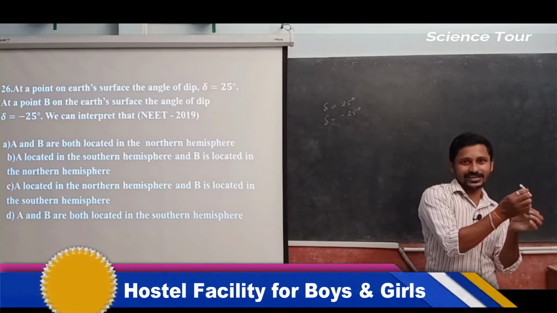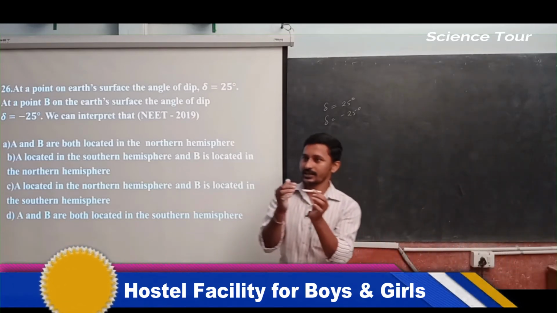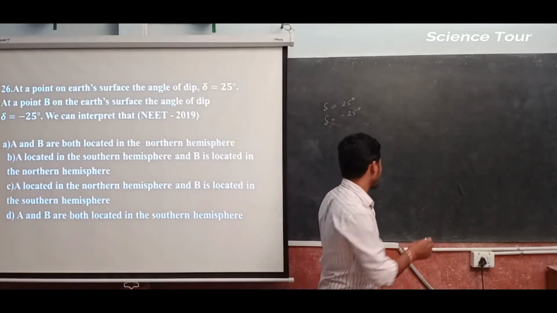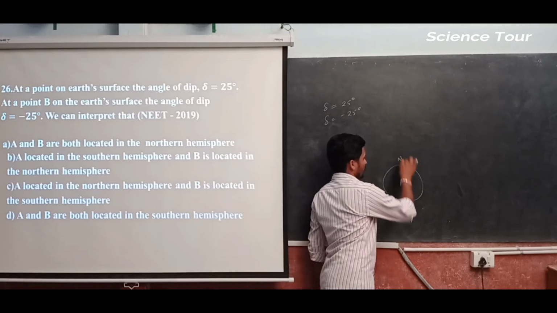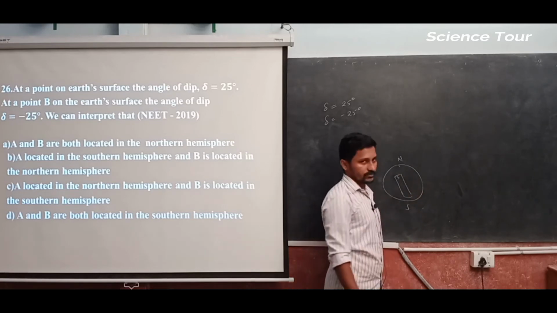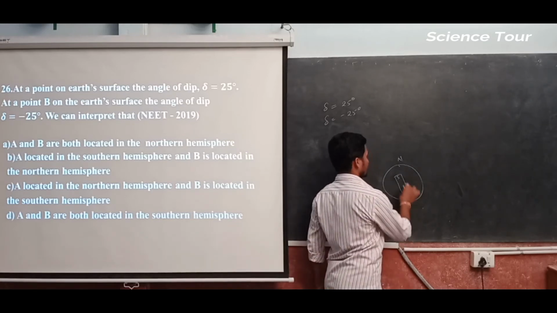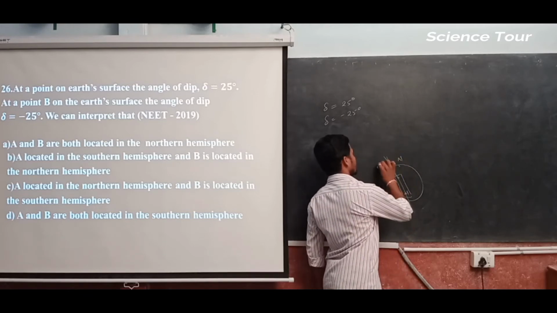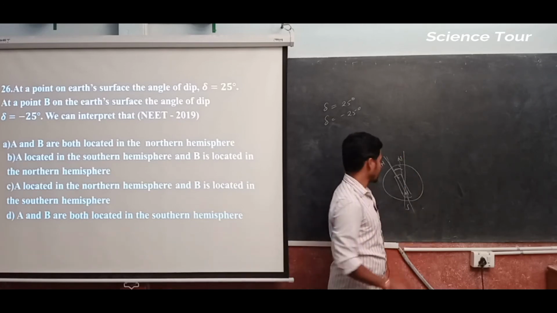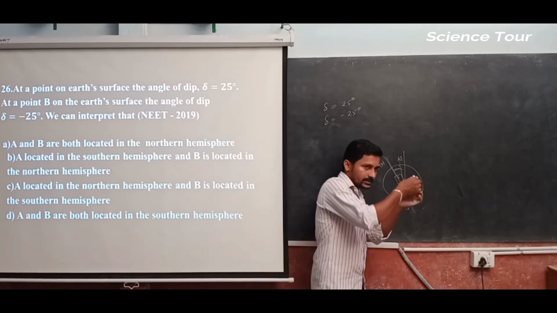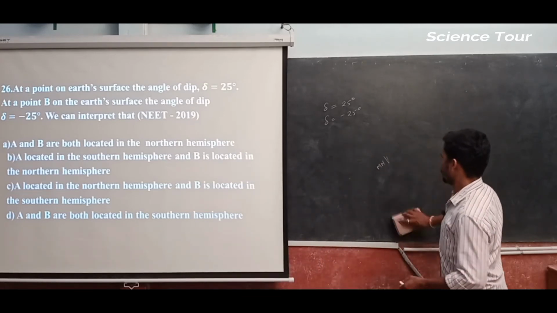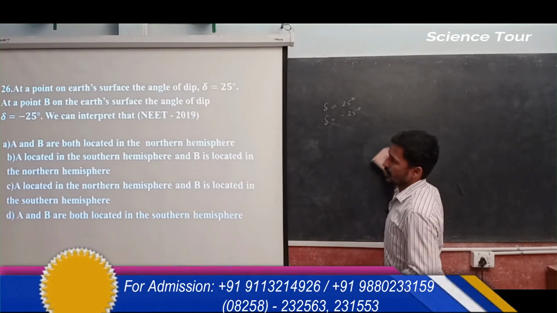North will remain in the direction of north, and here we will call it magnetic north, and this angle is the declination, and whatever it aligns in this way, that is dip or inclination.